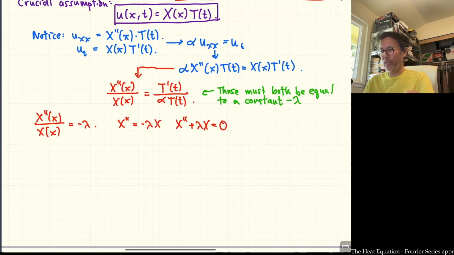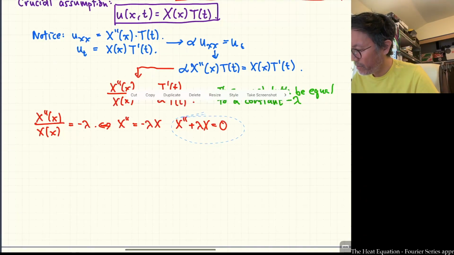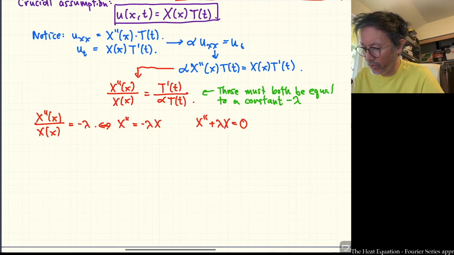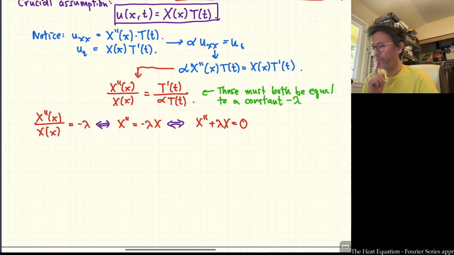That's my first equation. So this is equivalent to that, and this is, of course, equivalent to that. Let me move things over a little bit, and let me make this purple. This is equivalent to that, and this is equivalent to that.